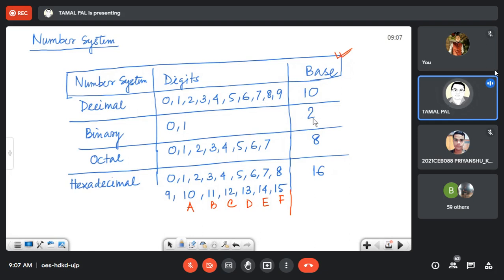Similarly, for the binary system, since the base is 2, the total digits are 2, but it starts from 0 to 1. For the octal number system, the base is 8, the digits start from 0 and run up to 7. That is also true for hexadecimal: since the base is 16, it runs up to 15.